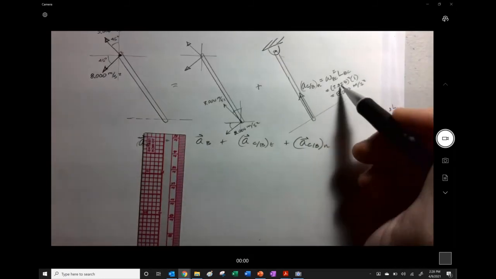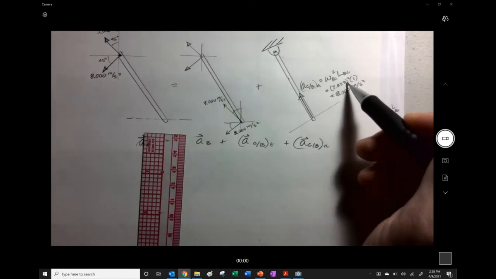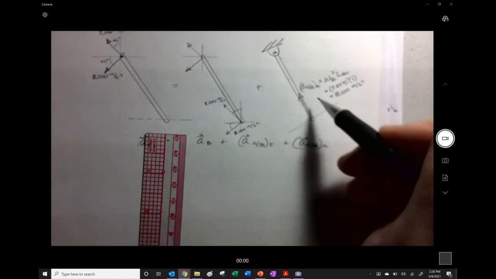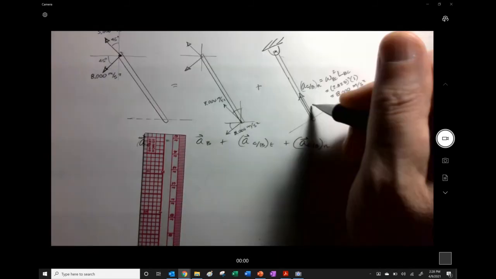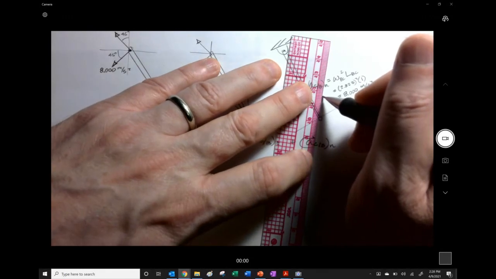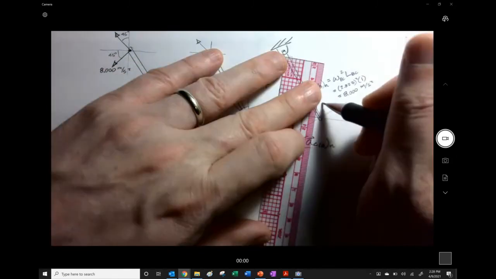Right here, if I do this right here, I get 7.997 or something like that. But because I dropped a sig fig at the end, this is actually 8. And I also note my angle on here as part of this. I think maybe it's probably best to go this way right there.